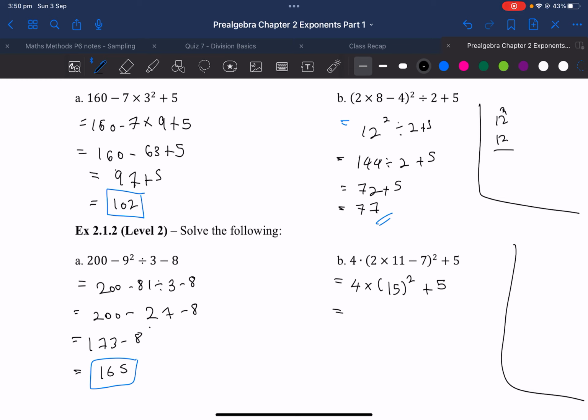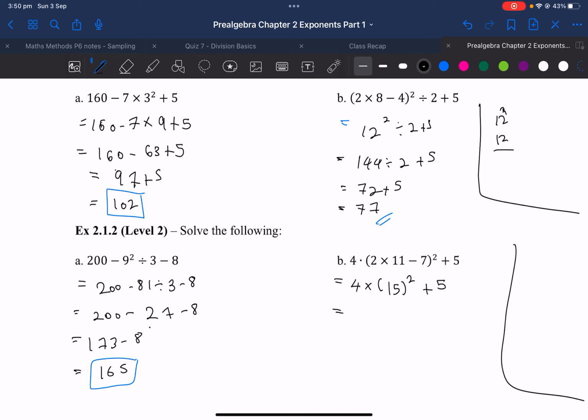Oh, why is it 223? Also, you forgot the plus 5 at the end, but before that, 225, right? 225. Because there's a 5 at the end here.